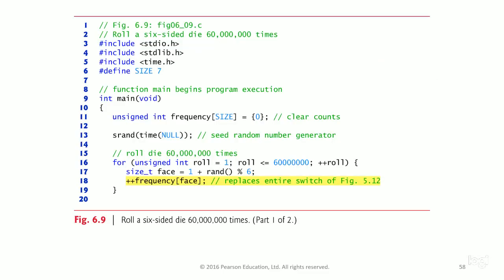So we can take that program and modify it a little bit. We roll our die 60 million times, and every time that we roll the die, we basically increase the count of the number that comes out on top, represented by the face variable.